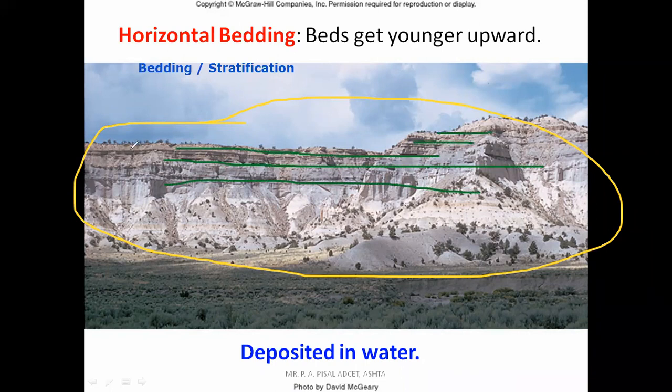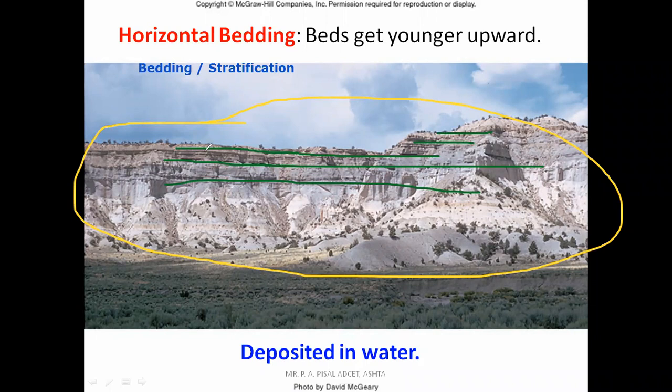Okay, and the thickness of each layer is very great. It looks small here because this view is from a maximum distance, but actually the thickness of these layers is very great.